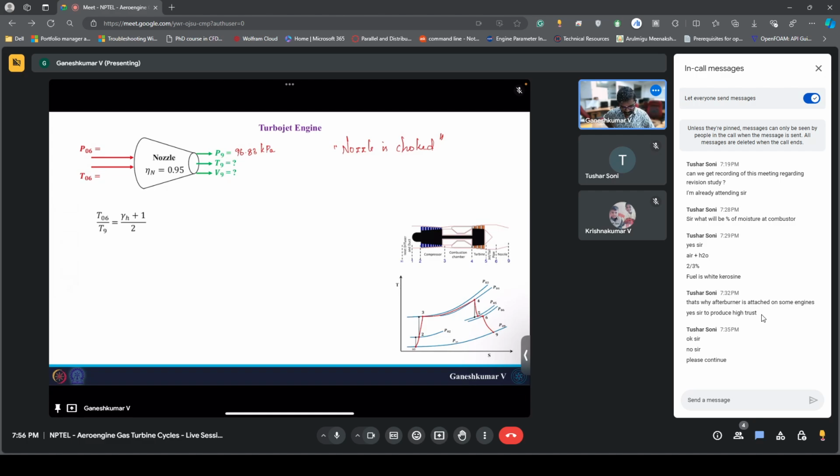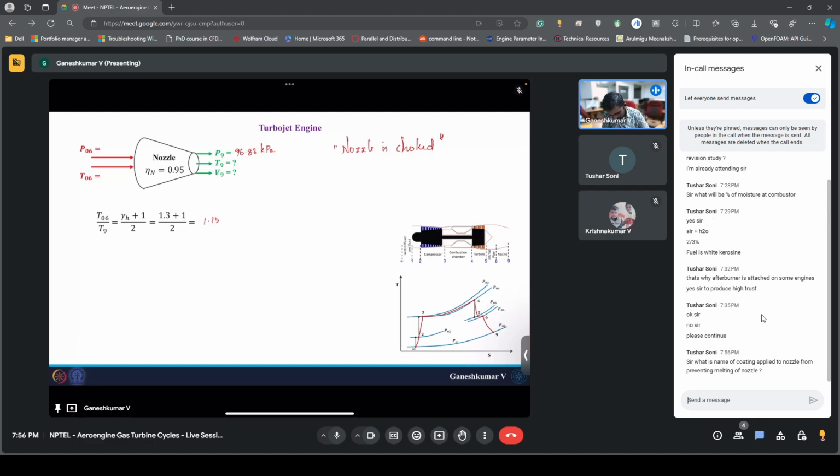Since we know that the Mach number is equal to 1, we can use the isentropic flow relation. You can put Mach number equal to 1 and you will end up with this relation. I'm not showing that calculation, but if you do this, the temperature ratio should be something like 1.15. Now T06 we already know.